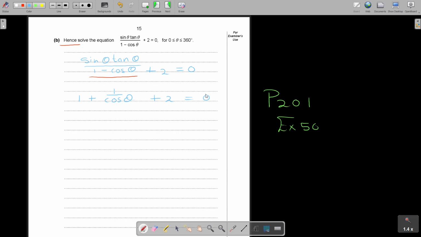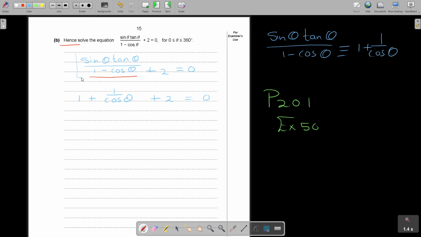Did you see what I did? Because on the previous page, I proved that sin theta tan theta over 1 minus cos theta is identical to 1 plus 1 over cos theta.